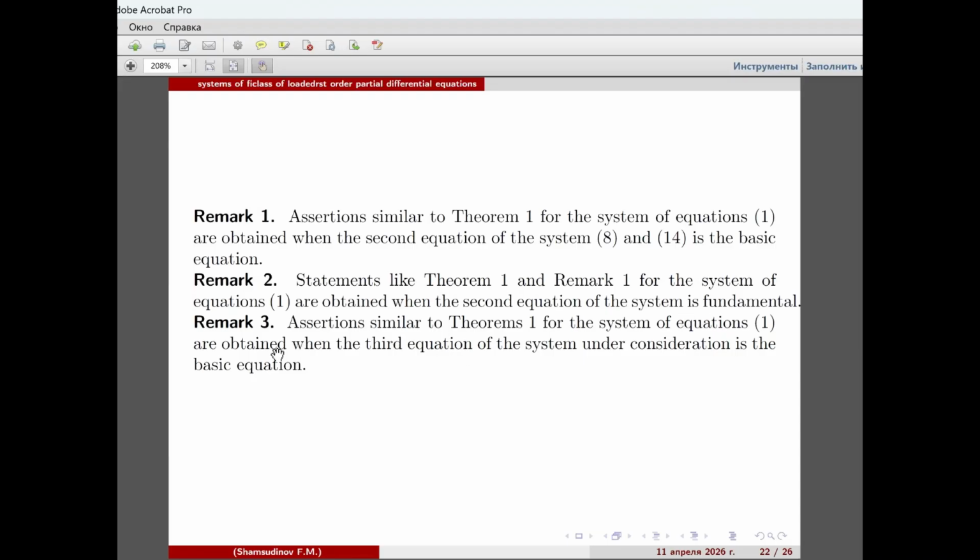Remark 3. Assertions similar to theorem 1 for the system of equations 1 are obtained when the third equation of the system under consideration is the basic equation.